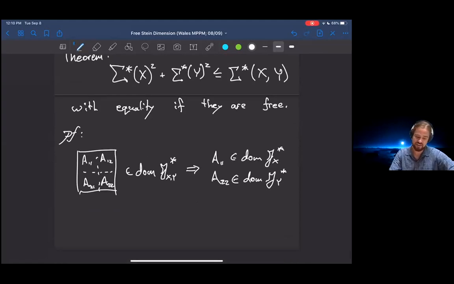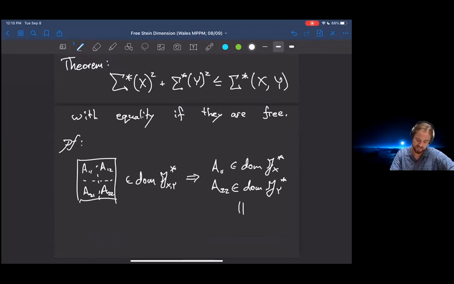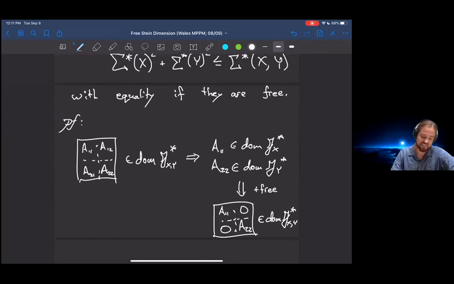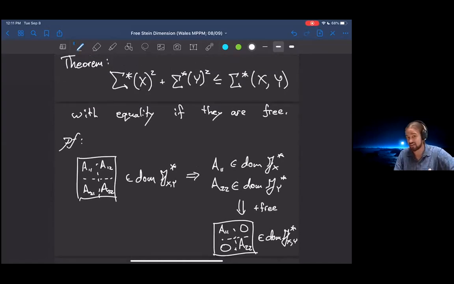And if x and y are freely independent, then it turns out that anytime you have one of these so-called free Stein kernels for x and one for y, the matrix that simply puts them on the diagonal and 0 on the off-diagonal entries is going to be in the domain of the joint Jacobian adjoint. And so those sort of computations allow us to have nice bounds on how these things work subadditively.